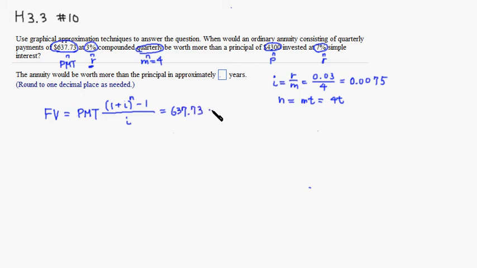Then i is 0.0075. So 1 plus 0.0075 would be 1.0075. Raise it to the n, which is 40, so raise it to the 40 power. Then subtract 1, then divide it by 0.0075. That's our future value for the annuity.